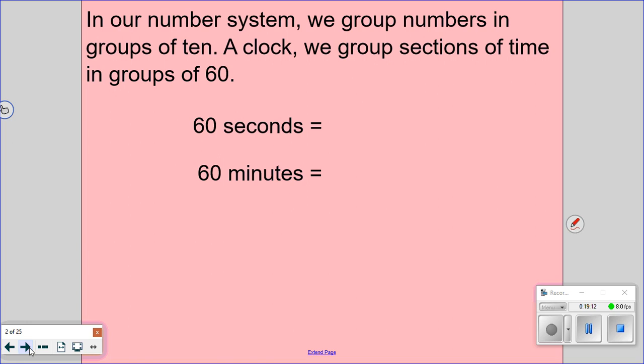So 60 seconds, write that down, is worth the same amount of time as 1 minute. If you were to watch that second hand, called the second hand, go all the way around, that would be the time that is worth 1 minute. Colby, you wrote that down?